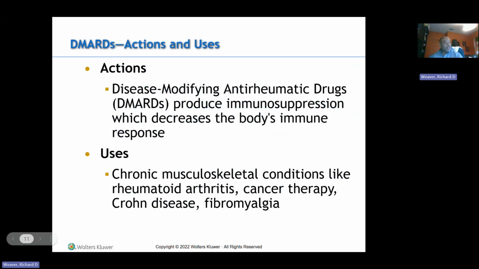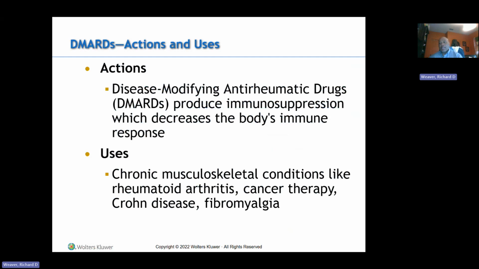Right. As far as actions and uses, when the patient becomes more immobile, and the pain caused by rheumatoid arthritis cannot be controlled by pain relief agents or anti-inflammatory drugs, then DMARDs are going to be used in this case.